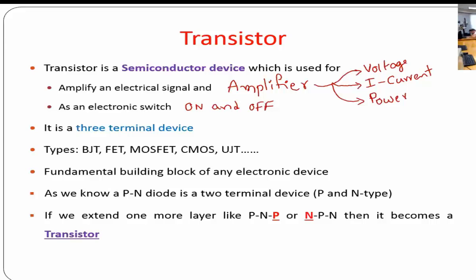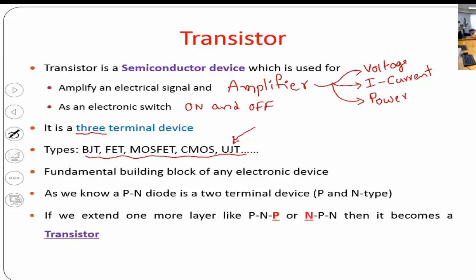How many terminals does a transistor consist of? It has 3 terminals, unlike a diode. Diode has only 2. But transistor has 3 terminals, and there is a range of transistors. Some of those I mentioned before. Some of these you will see in various courses such as UJT, junction transistor.